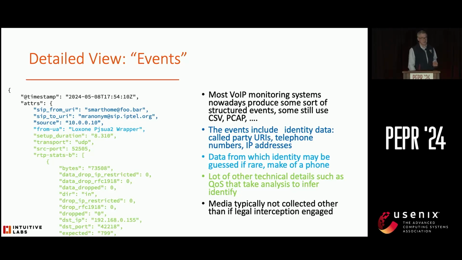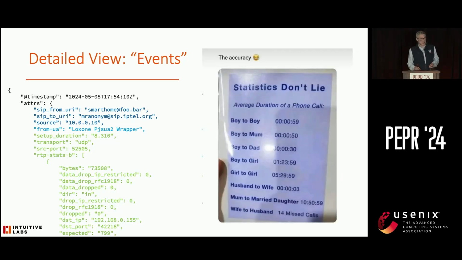That's a kind of obvious case, but even other data like the QoS statistics may be revealing. There are some suggestions, for example anecdotal on the internet, that in call duration you can find if it is boy-to-boy calling or girl-to-girl or husband-to-wife and so on and so forth.